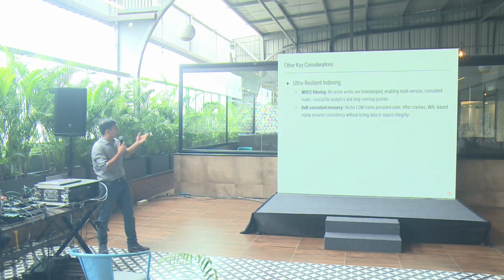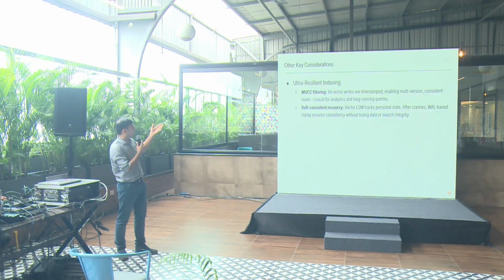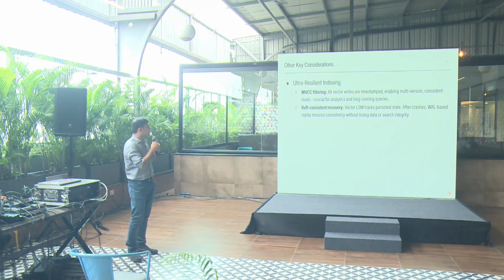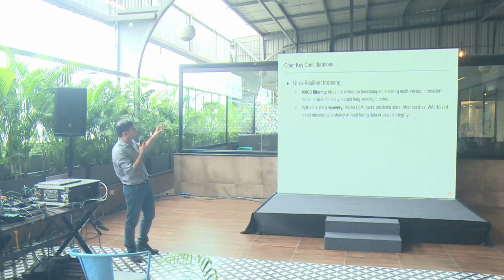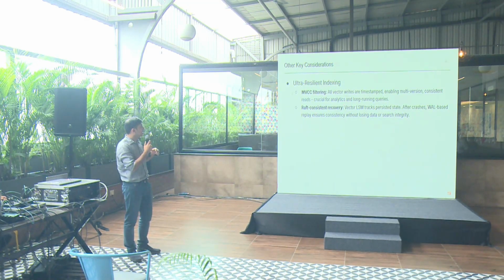Another point is ultra resilient indexing. Why is it ultra resilient? The two points here are MVCC filtering, since all the vector writes are timestamped, so there is consistency even in case of concurrent access, which is very crucial for analytics.